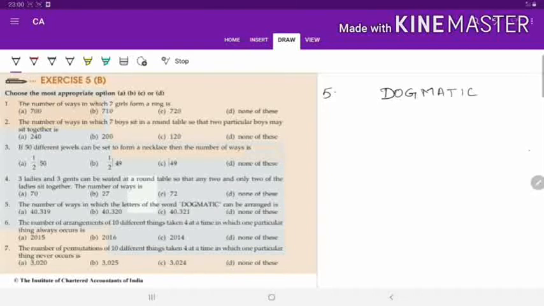We know that the formula for linear permutation is n factorial. Here the number of distinct letters is 8, so n is equal to 8. 8 factorial ways, which is equal to 8 into 7 into 6 into 5 into 4 into 3 into 2 into 1, which is equal to 40,320. Option B is the answer.